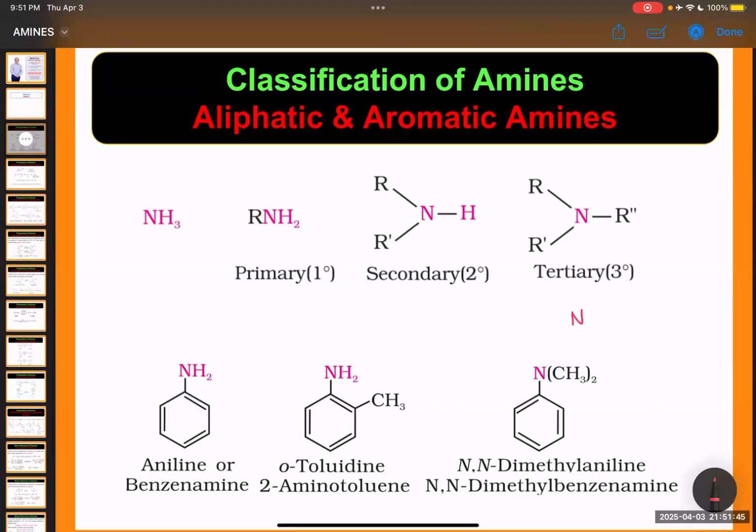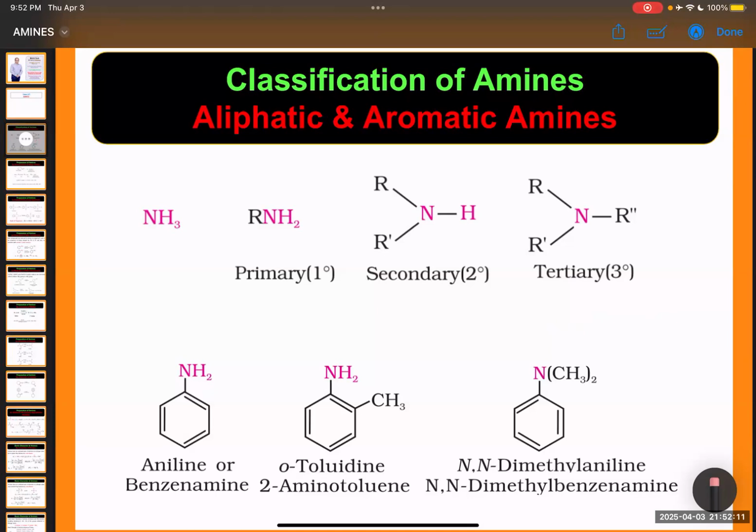So this is going to be the quaternary ammonium salt, R. Got it? Clear? So this will have a plus charge because the lone pair is also involved in participating in the bonding.